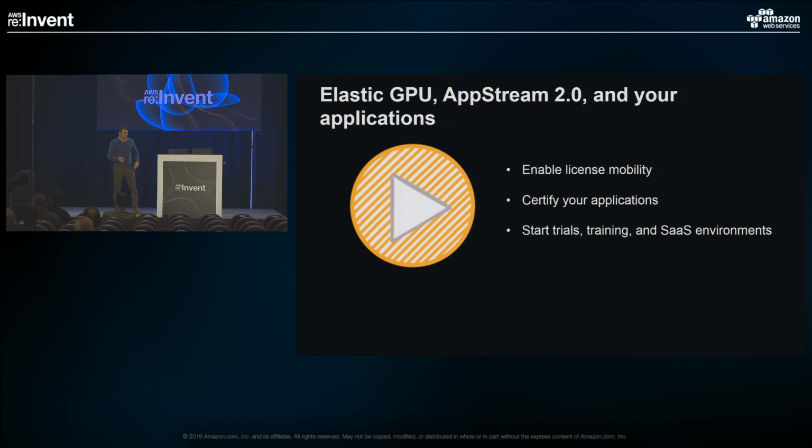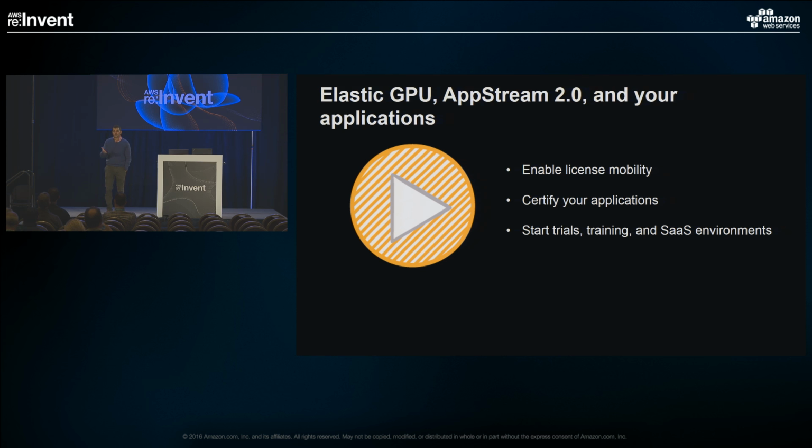And just to quickly end this session, what I would say is, if you're a software developer or vendor, my ask to you is this: this is a powerful platform, and we really believe that your customers, our customers, would benefit from using this platform for running your application.